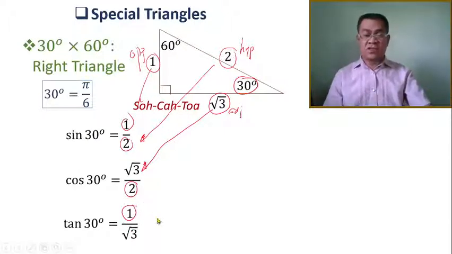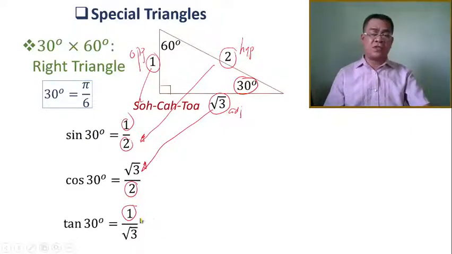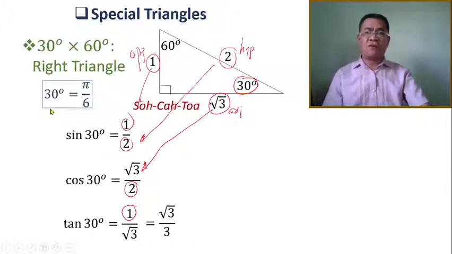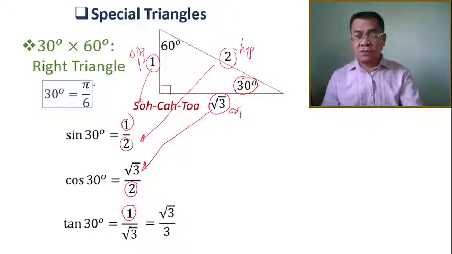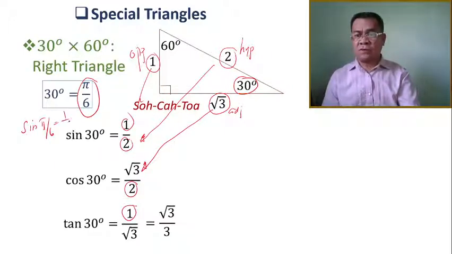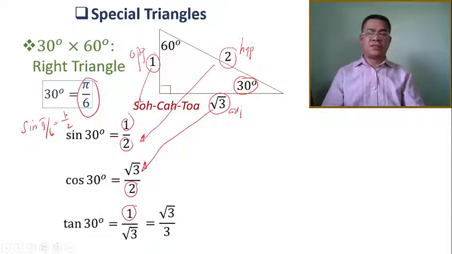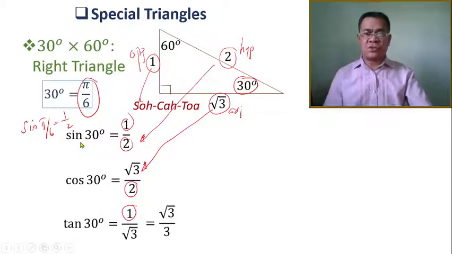Then rationalize the denominator by multiplying by square root of 3 over square root of 3, and we come up with square root of 3 over 3. Okay, so these are the primary trigonometric functions for the angle of 30 degrees, or take note, pi over 6, which means that the sine of pi over 6 is also equal to 1/2. This is in radian measure.